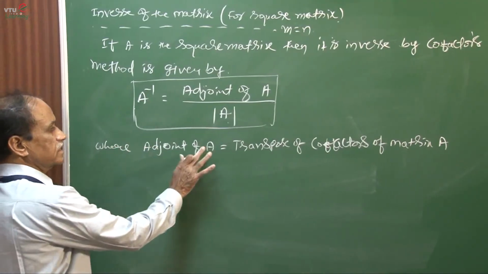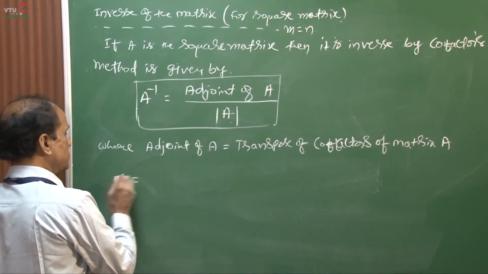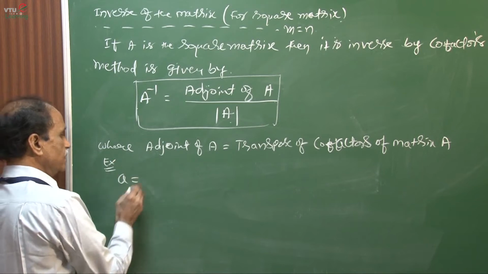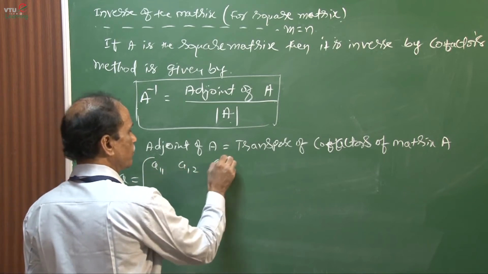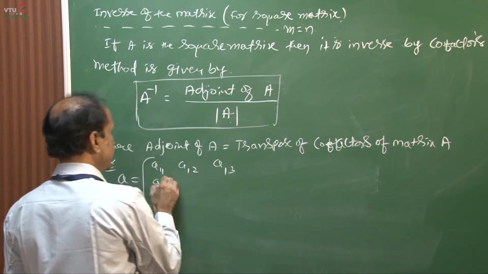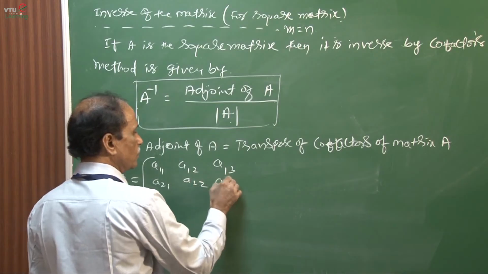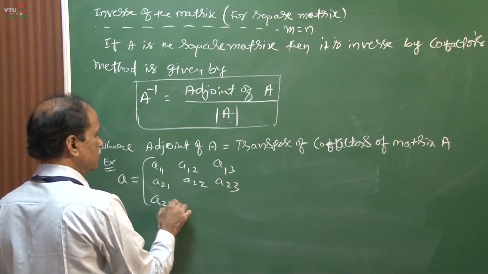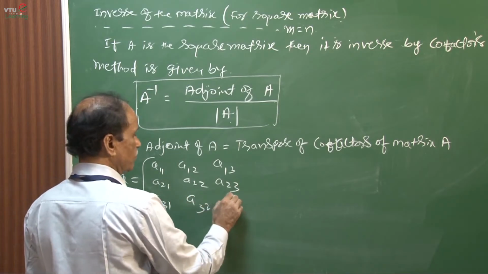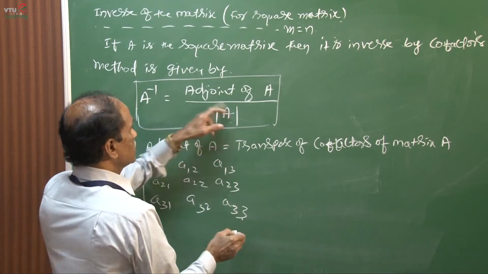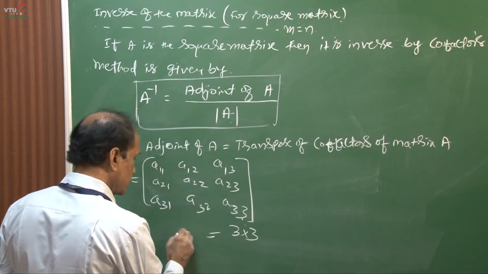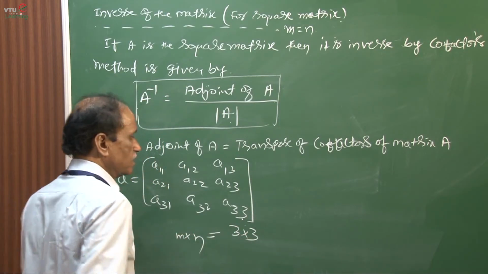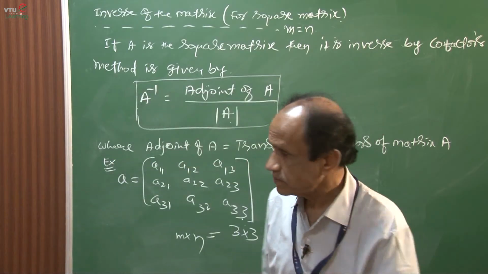Cofactors of the matrix A means, suppose, as an example, A is equal to A11, A12, A13, A21, A22, A23, A31, A32, A33. Here it is 3 cross 3, which is m cross n with m equal to n, that means it is a square matrix.